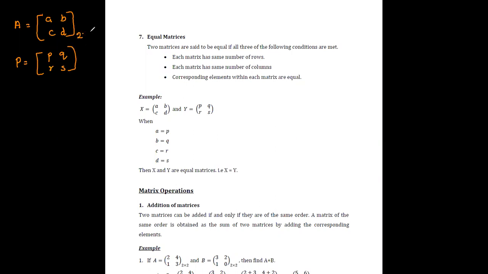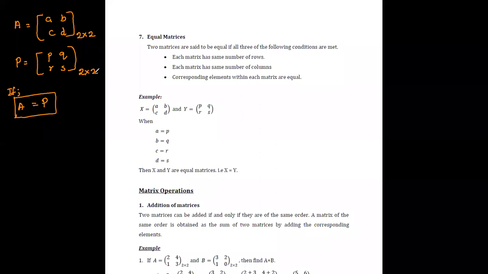Here we can see that this is a 2 by 2 matrix. This is also a 2 by 2 matrix. If A and P are equal matrices, then the first two conditions are satisfied. It is because the number of rows is equal and the number of columns is equal. Then, since these are equal matrices, corresponding elements should be equal.